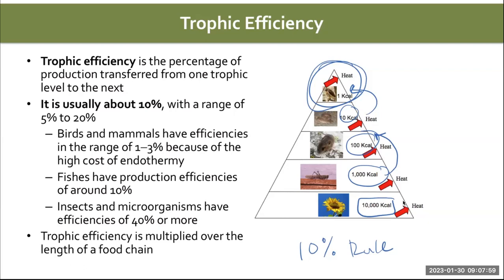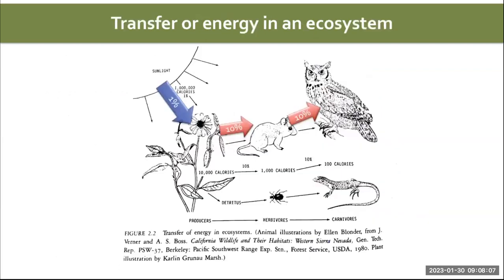So that 10% rule, as I've just walked through, is multiplied over the length of the food chain. Here's another simplified example of that, showing this transfer of energy, using a similar example to the one before, but also accounting for the fact that at this step, it's only a 1% capture by plants.